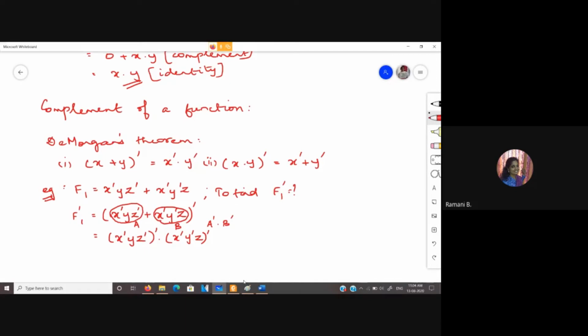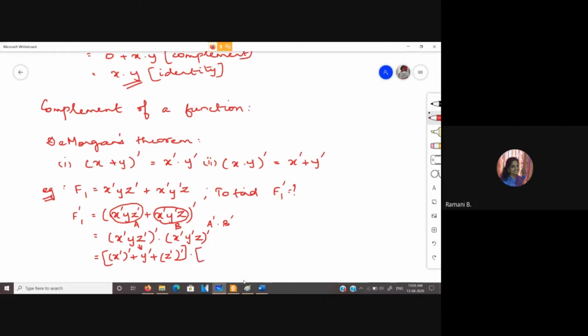So here again we need to apply the De Morgan's theorem, and I said you can extend this to any number of variables. So based on that, this will be, I am putting a bracket for this to just indicate this one. So the first term will be x bar the whole bar plus y bar plus z bar the whole bar. That is for this particular term.